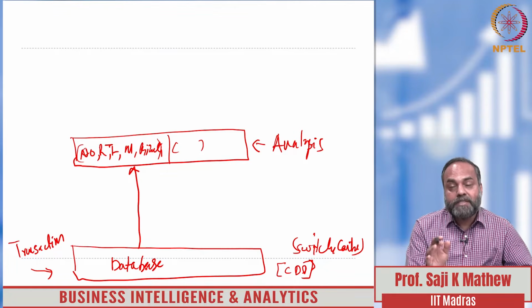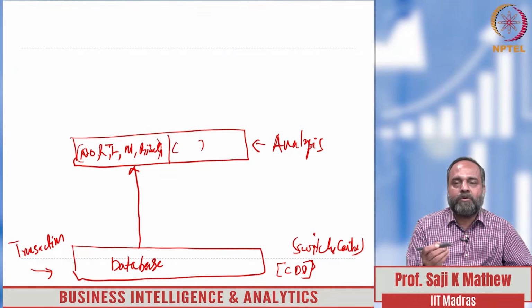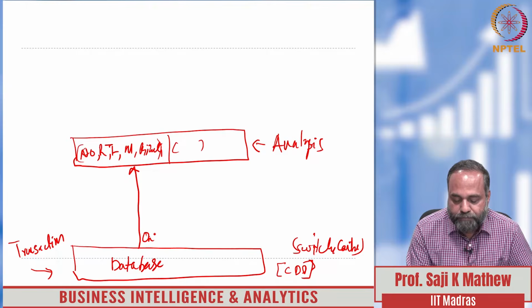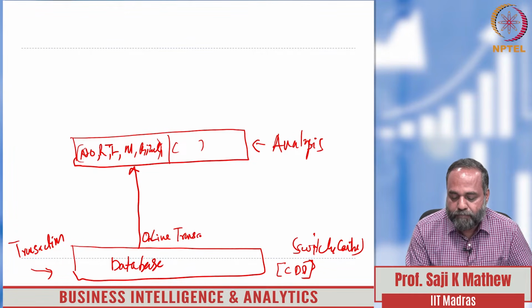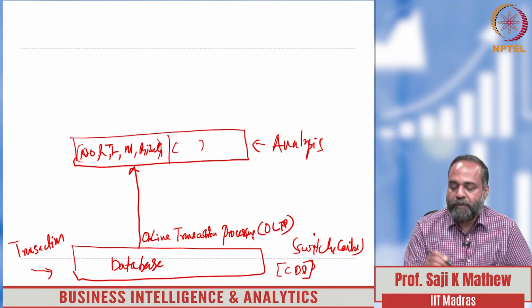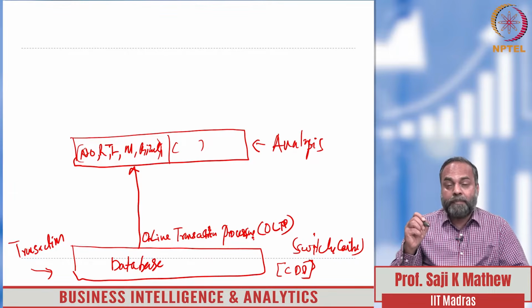So, databases are for transactions. Okay, and when these databases are configured for online transaction, they are also known as online transaction processing, or in short OLTP. Okay. You may come across this technical term in your textbook, OLTP.